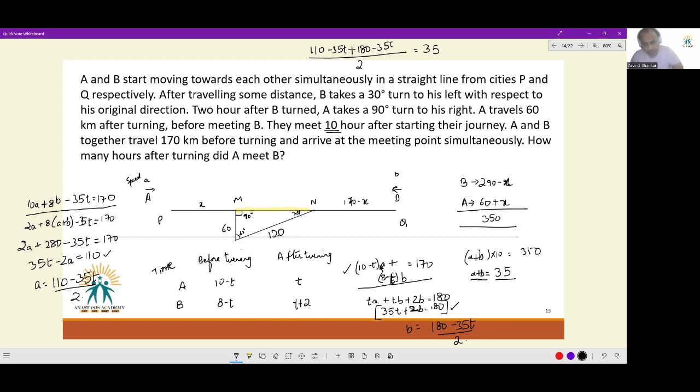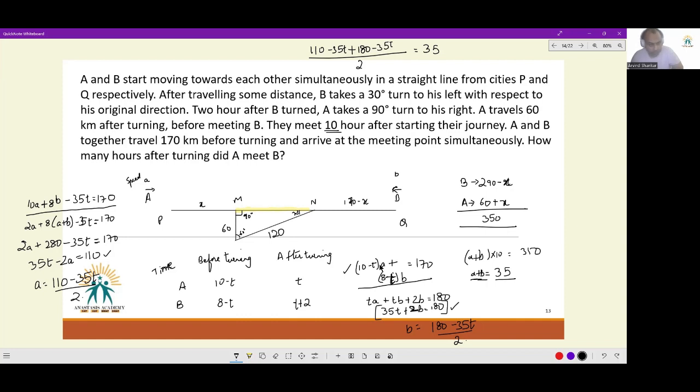Okay, perfectly all right. Now 8A plus 8B, replace it with 280. 280 minus 170 is 110. So 35t minus 2A is equal to 110.